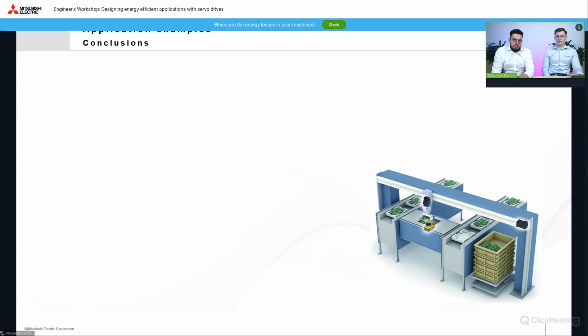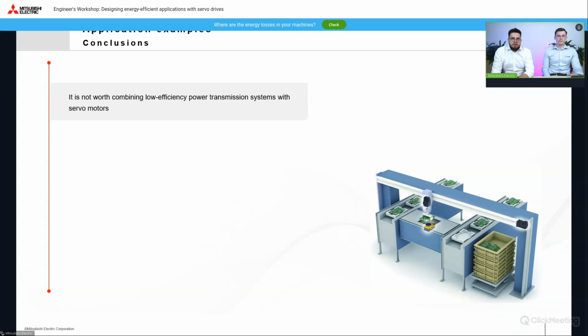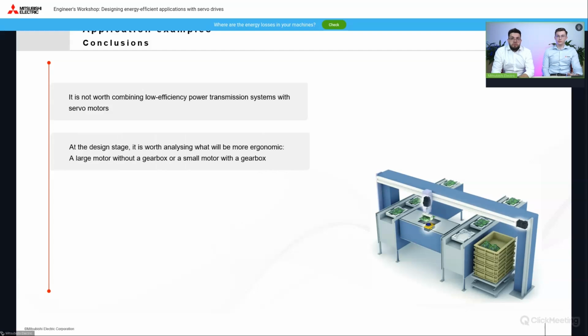And let's summarize it. It's not worth combining servo motors with low efficiency systems. The losses generated will be extremely high. At the design stage, it's worth considering what you want and what will integrate better in the machine.